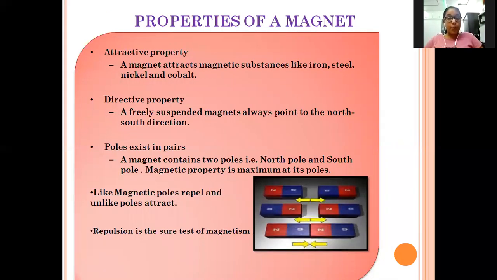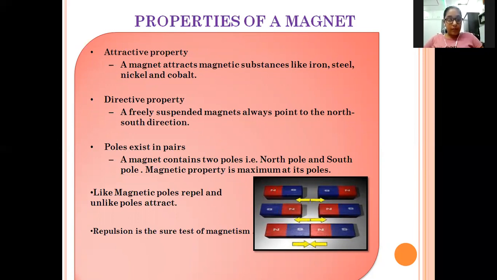Now we will see the properties of a magnet. What are the properties of a magnet? There are basically four properties of a magnet. Attractive property. A magnet attracts magnetic substances like iron, steel, nickel, and cobalt. As we learned earlier, these are the magnetic materials.